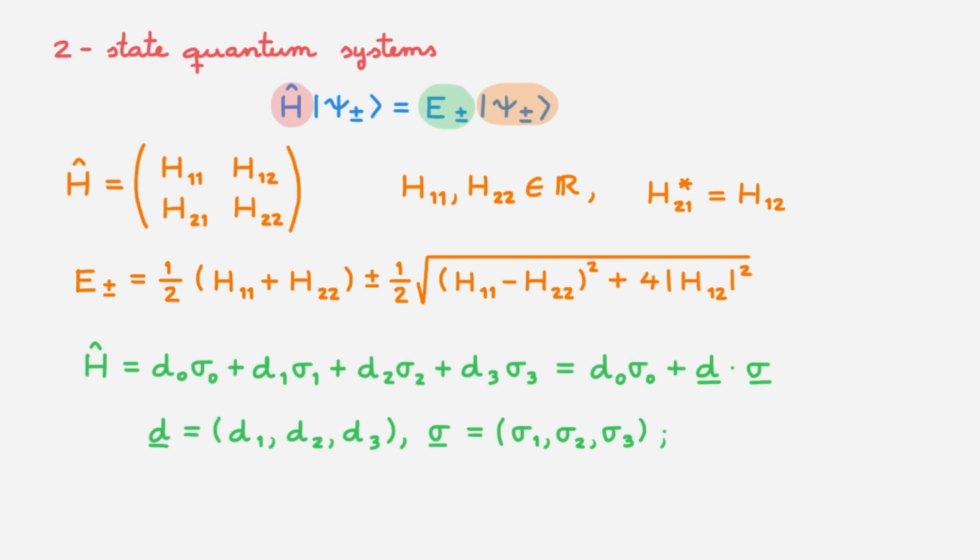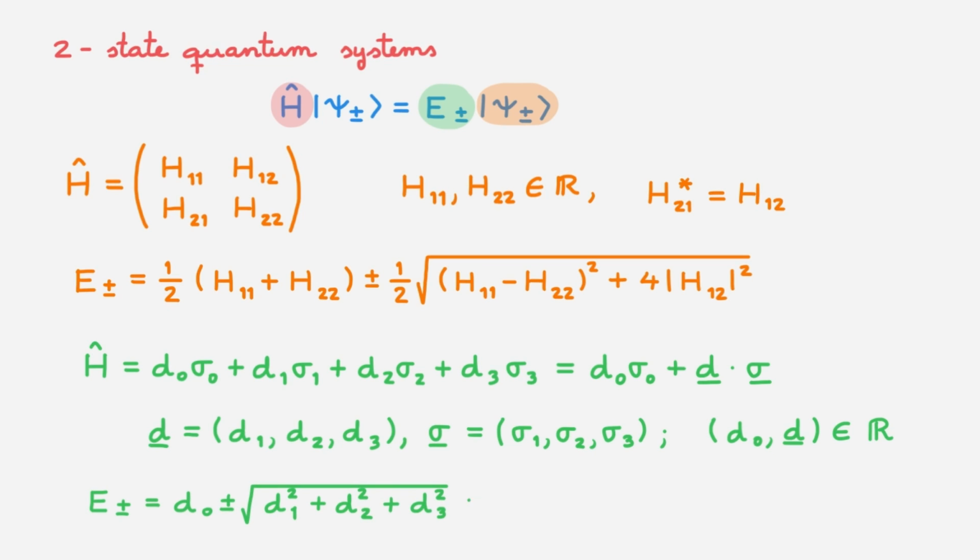Also, to ensure that the Hamiltonian is Hermitian, the d parameters must be real scalars. With this alternative form for the Hamiltonian, the eigenvalues are given by this expression, which can also be written in this more compact form. These two expressions are equivalent, and we derive both in the companion video.